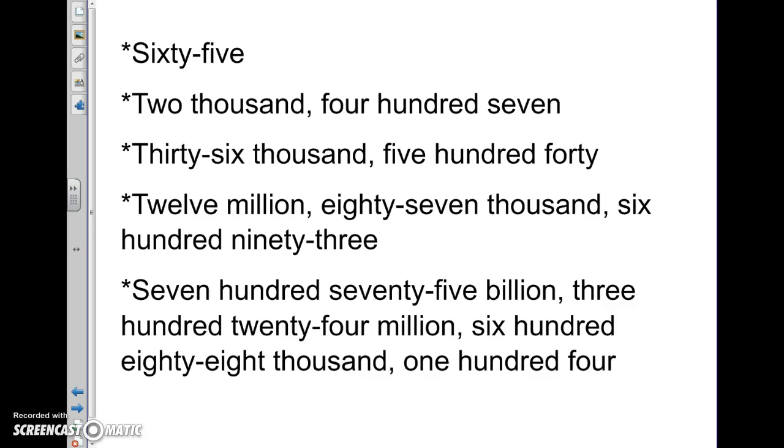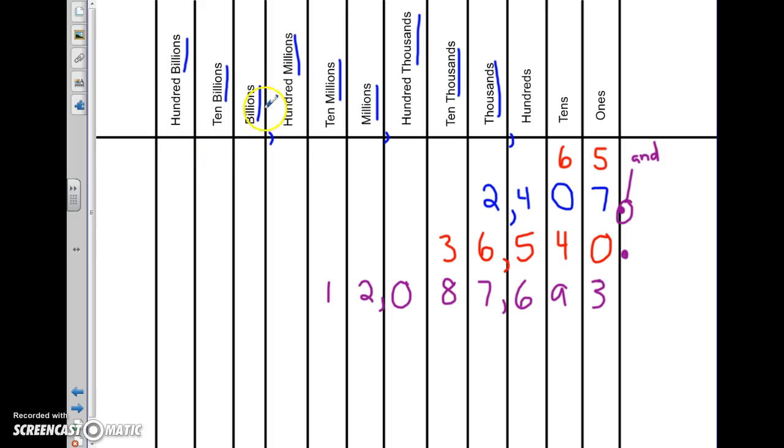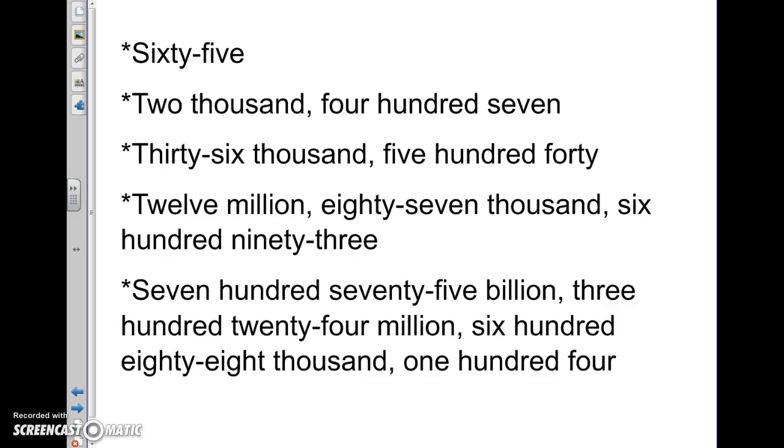795 billion. So we're going to be over in the billions house, right? 795, so we're going to go over here to the billions. Let me just change colors here. 795 means 700s. 90 means 9 ten billions. 5 for 5 billions. 324 million.